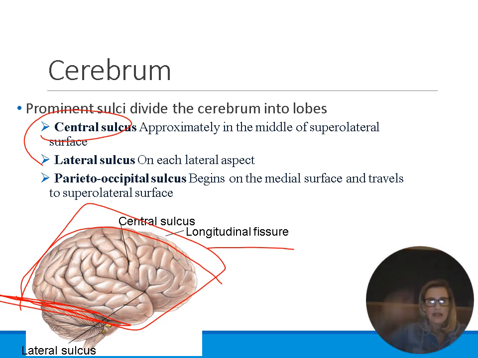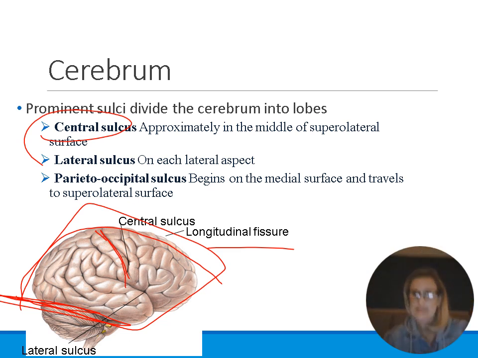It's approximately in the middle of the superior lateral surface of the brain, and it goes all the way across, from here all the way across the cerebral hemisphere, and it goes on both sides. So it goes all the way from one side across to the other.